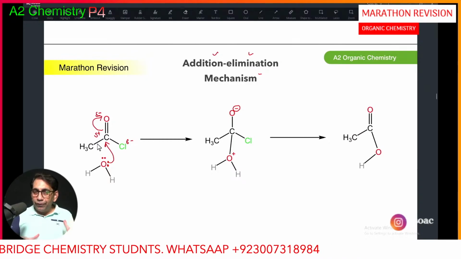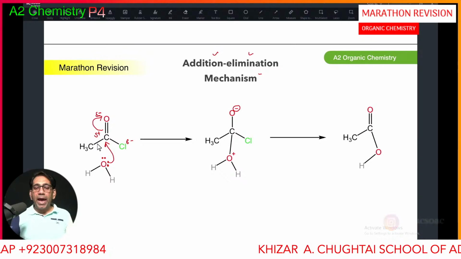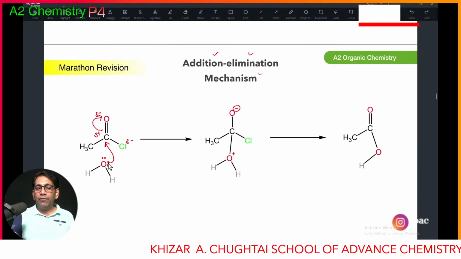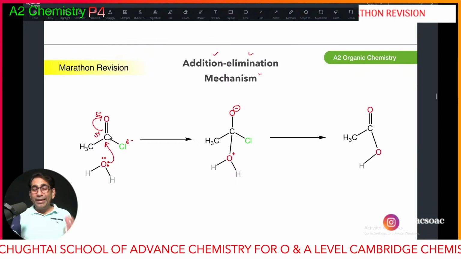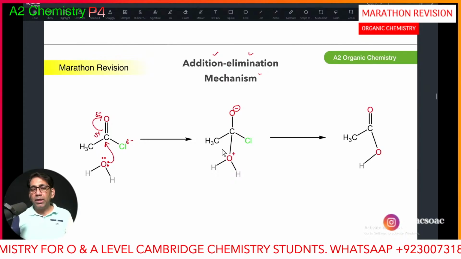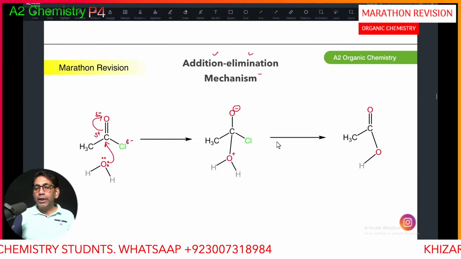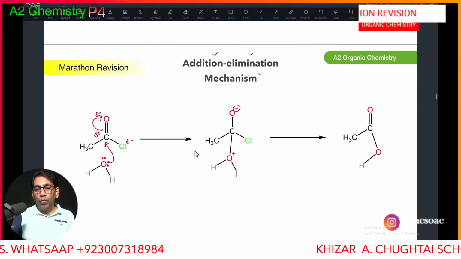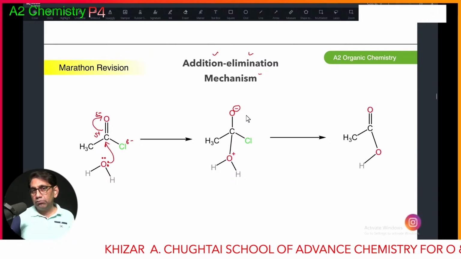So in the first step, you will show partial positive and partial negative charges, and you will show the attack of the lone pair on this carbon atom. In this way, there is the first attachment of the water molecule with this molecule. Overall, this whole molecule is still neutral.